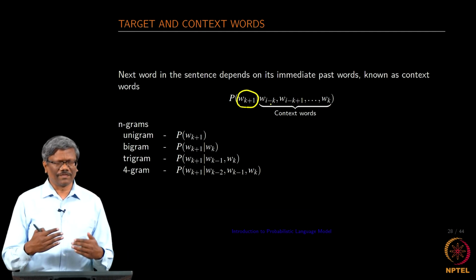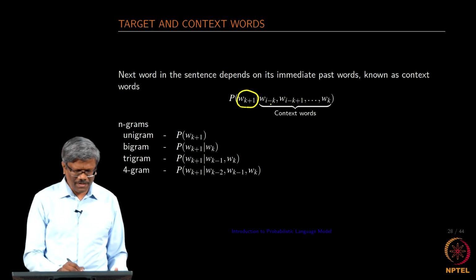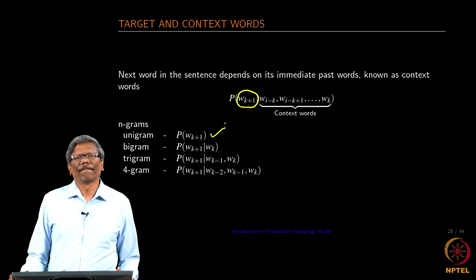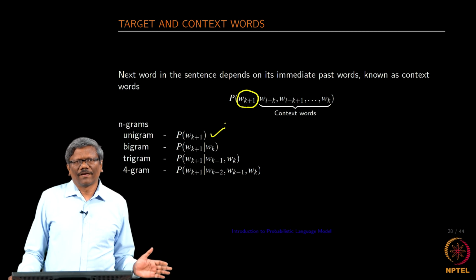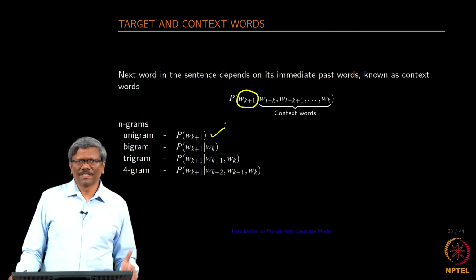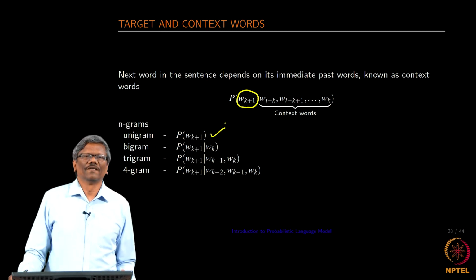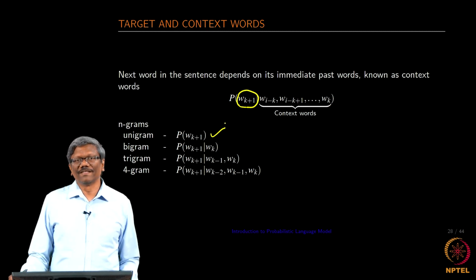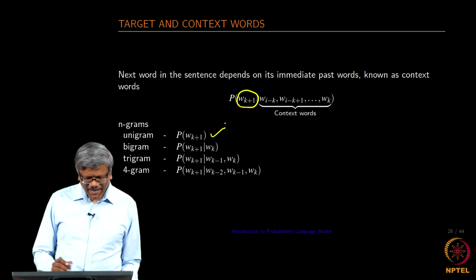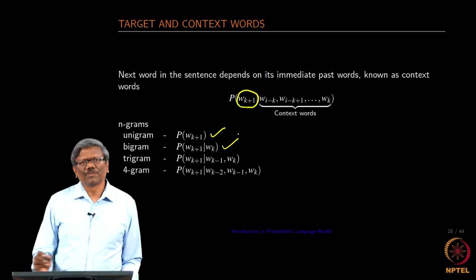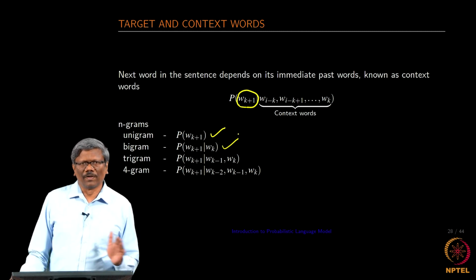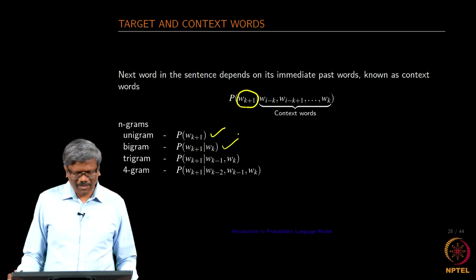In this case there are a few options for us. One is we can just use the unigram: take the whole corpus, tokenize it, and find the probability of each word using the method that we described earlier. Then we can use bigrams; you know how to create a bigram corpus.